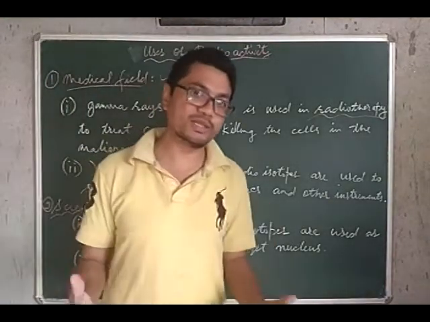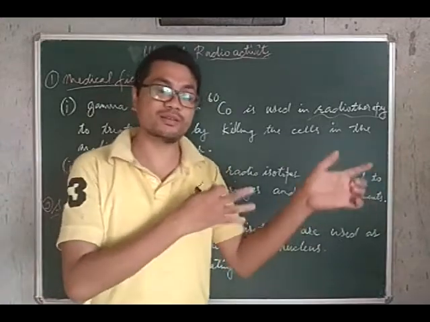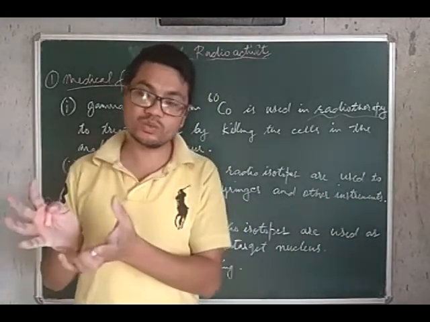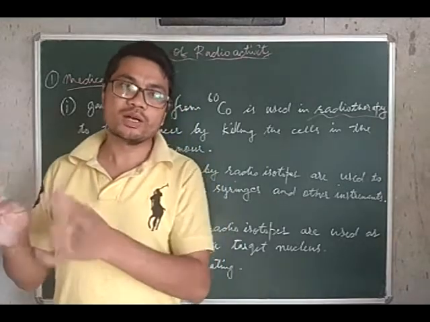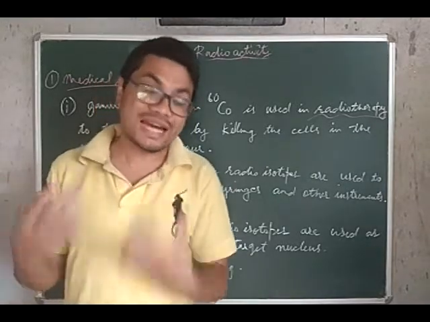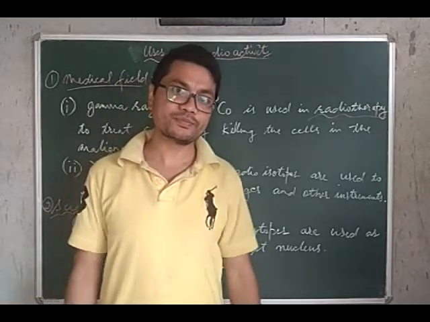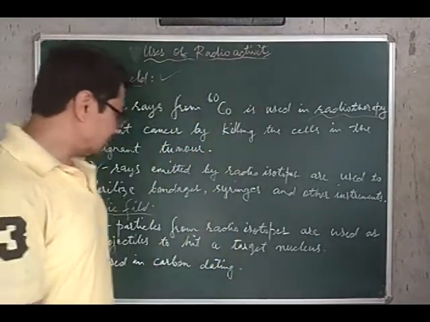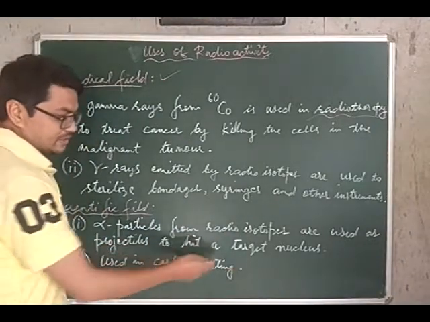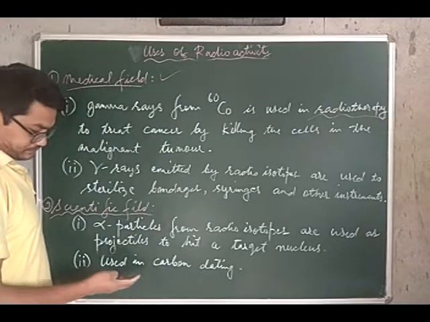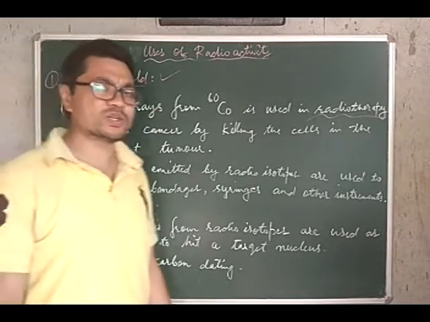After the Rutherford alpha ray scattering experiment, we got to know about the structure of the atom. So alpha particles are used to bombard any target nuclei, and it is also used in radiocarbon dating.